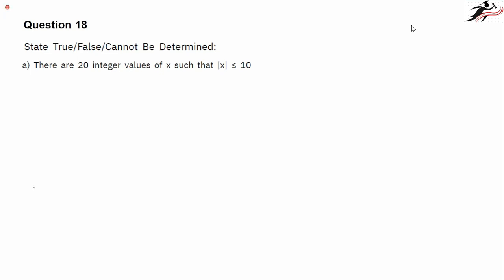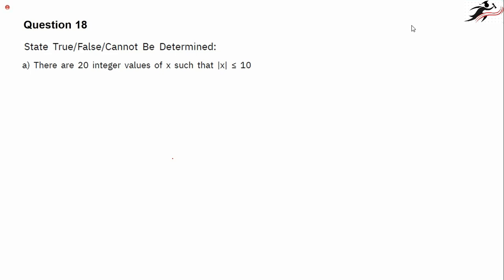Why? Because, yes, including 0, it is 21. Correct, Harsh. That is right. No, not infinite. Integers are limited. See, mod x less than equal to 10. Let's think in geometric terms. What does it mean? That distance of my point from origin should be less than equal to 10. So can I say 10 units to the right and 10 units to the left? My point should be somewhere in between.